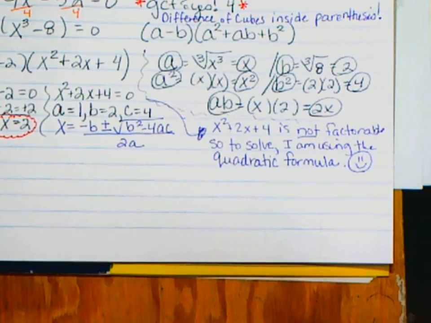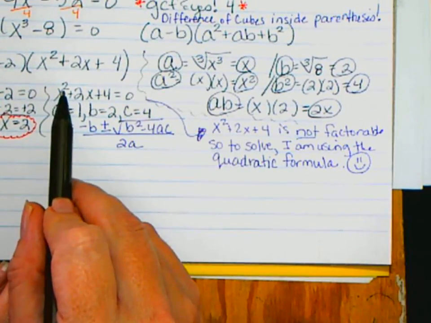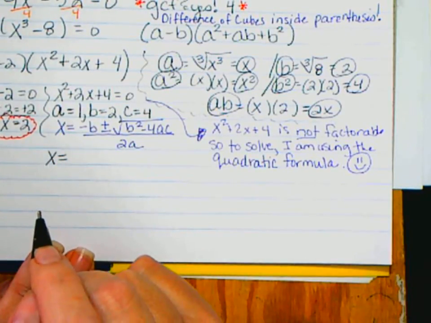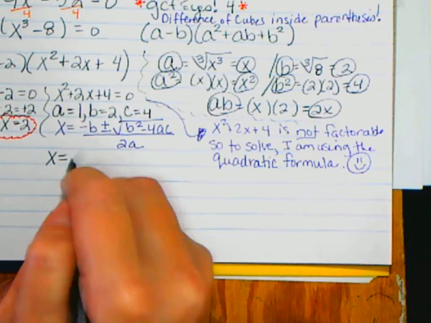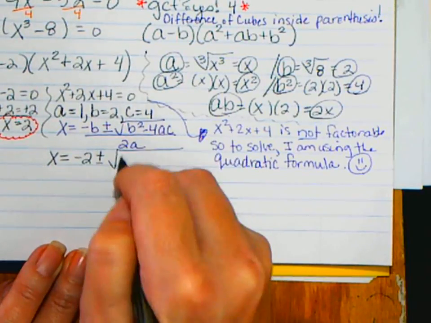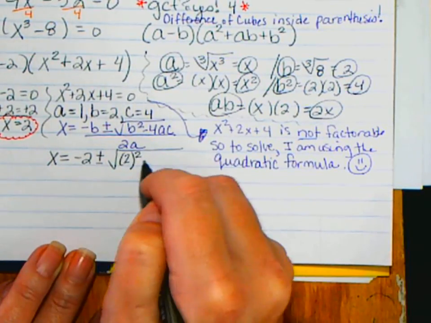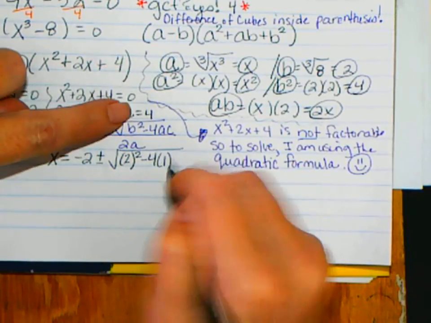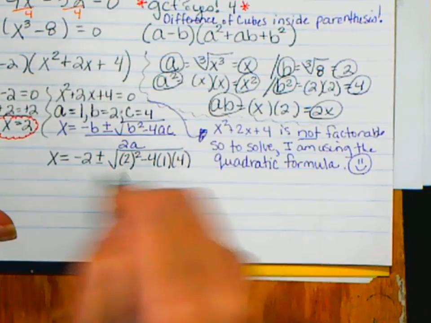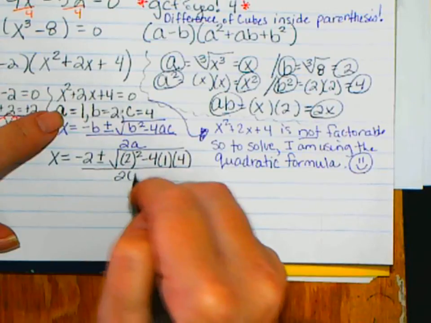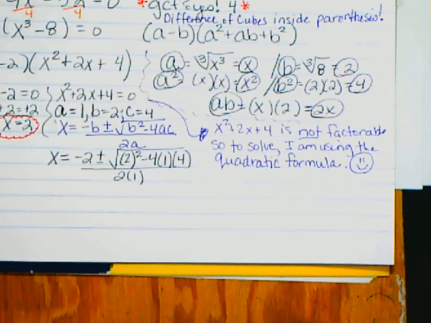Okay, so now I'm just going to plug it in. I know I'm looking for 2 solutions. So x equals, what's opposite of b? Negative 2, plus or minus the square root of whatever b is, square it, minus 4 times 1 times 4, all over 2a, so that'd be 2 times 1.